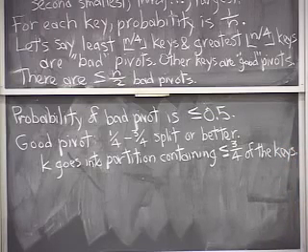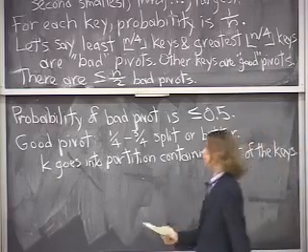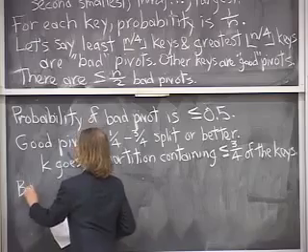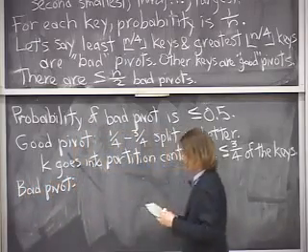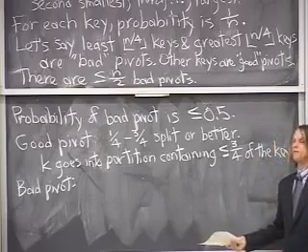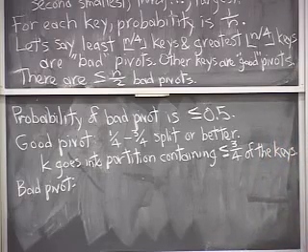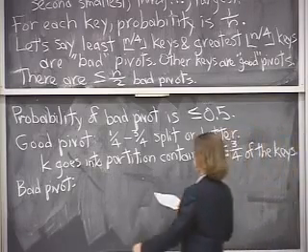And then that gets sorted recursively. But if you choose a bad pivot, then k might go into a partition with virtually all of the other keys.